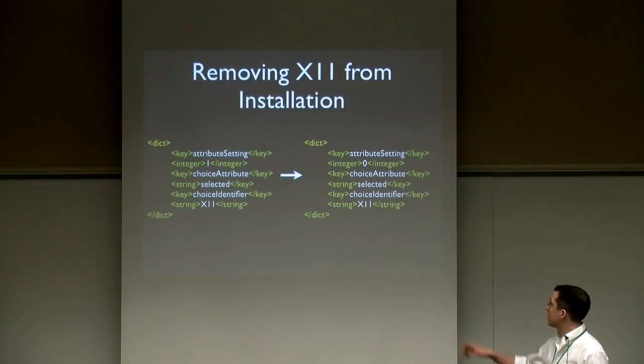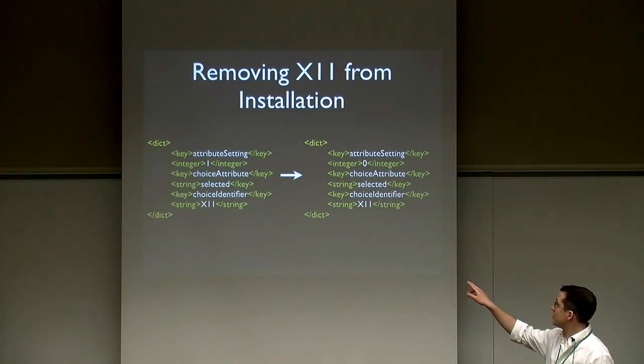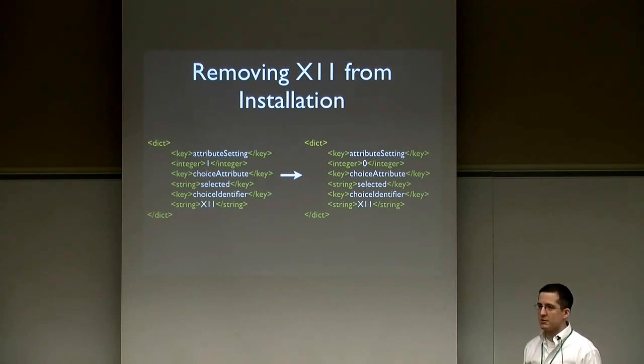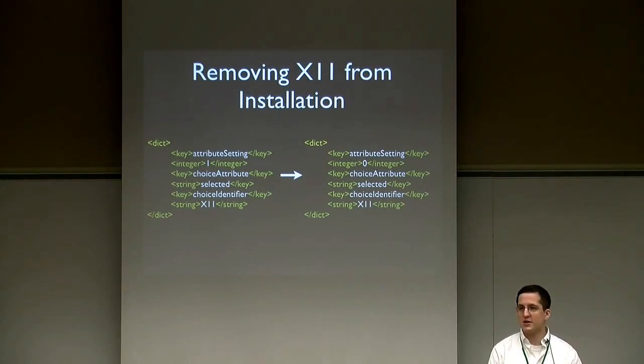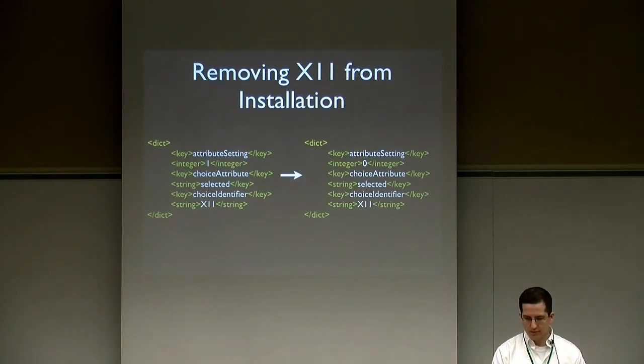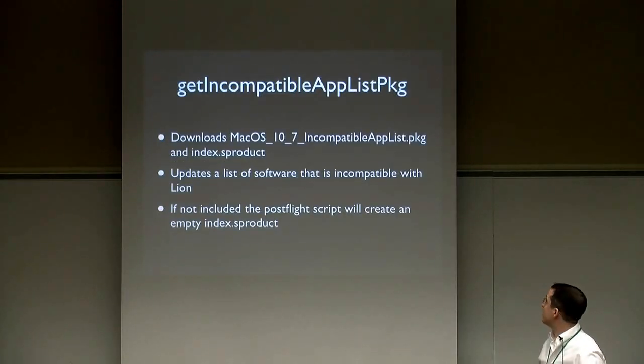On the left where it says attribute setting integer 1, integer 1 means it's checked and it's going to be installed by default. I'm changing that to 0, which means it's unchecked. You're going to save the file. Make sure you save it as the choice changes and not an XML, and copy it back in, because if you don't change it to that exact name, it won't run. That's it for that one.